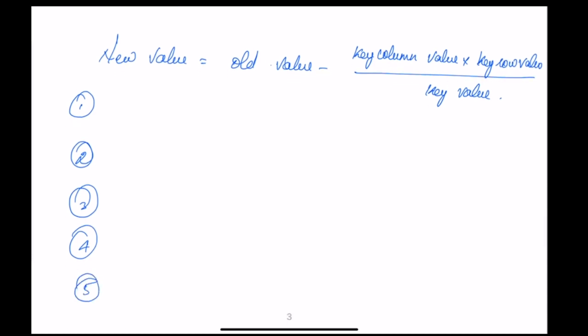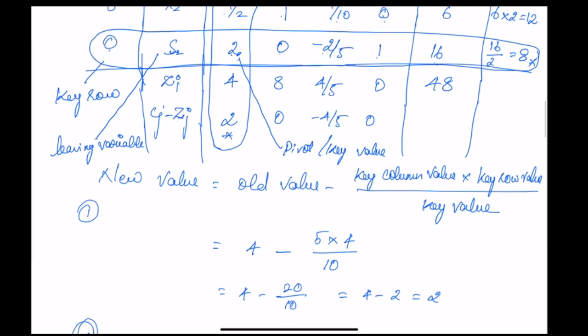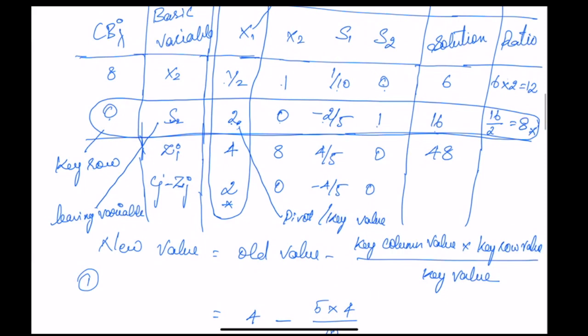The first old value is 1 by 2, second old value 1, third old value 1 by 10, next 0 and next 6. Let me check it. Yes, 1 by 2, 1, 1 by 10, 0 and 6.